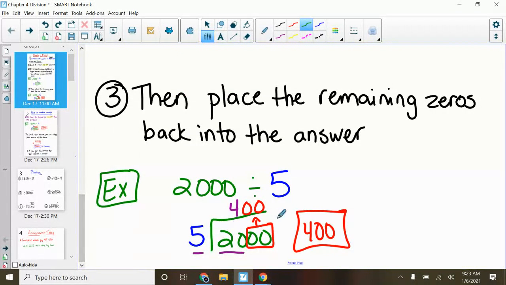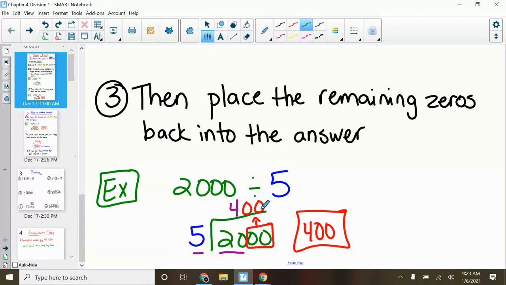So down below, here you see how I've done that. I took my leftover zeros that I haven't used yet in the dividend, and I put them up here back into my answer.